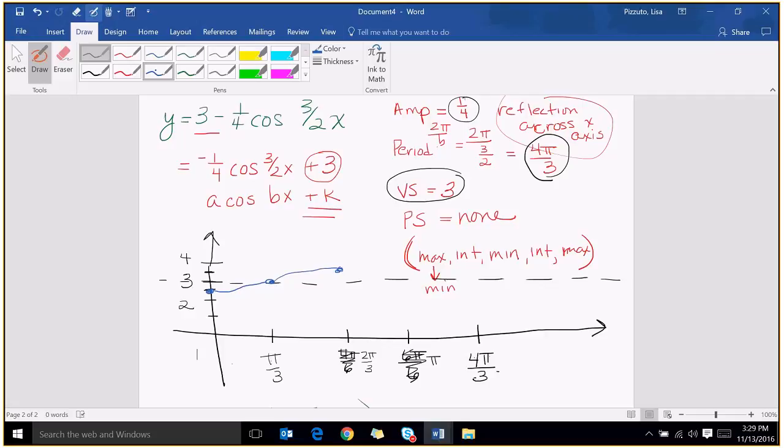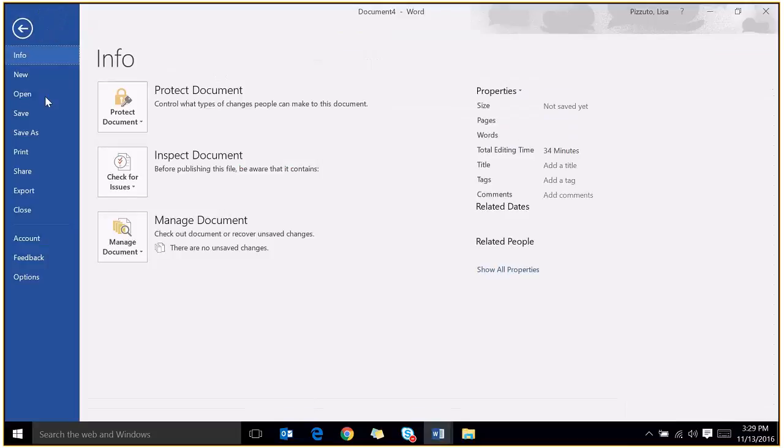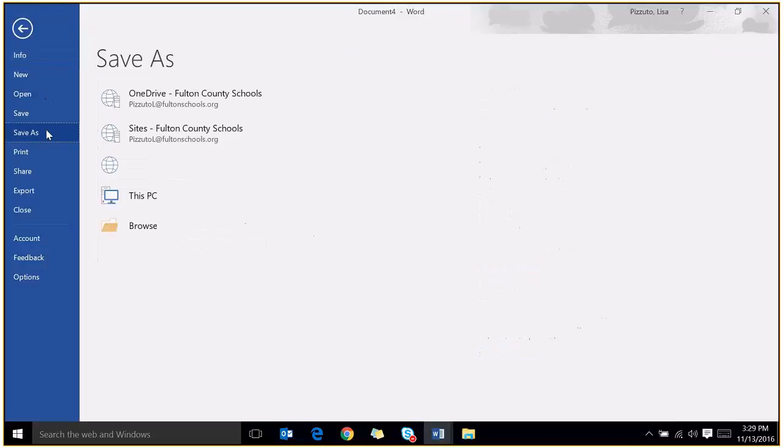Then back to the intercept, and then down to the minimum, and then you would keep going. I messed up at one point, so I had to redraw my dots, but I got it. All right, I'm saving this for you before I lose it.